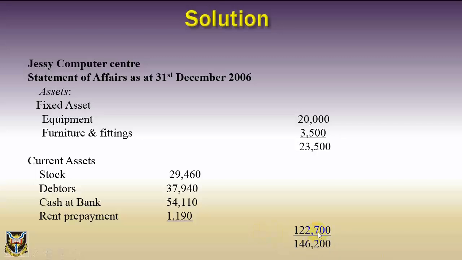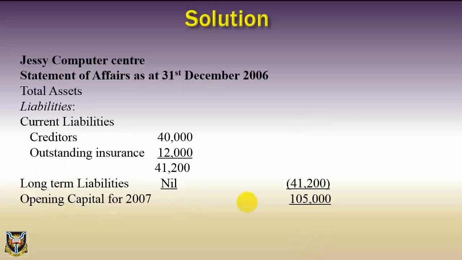Making 122,700. Total assets, 146,200. Liabilities. Current liabilities. Creditors, 40,000. Outstanding insurance, 1,200. Making 41,200.